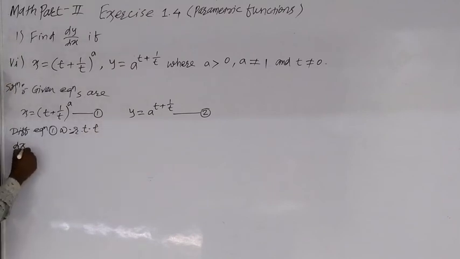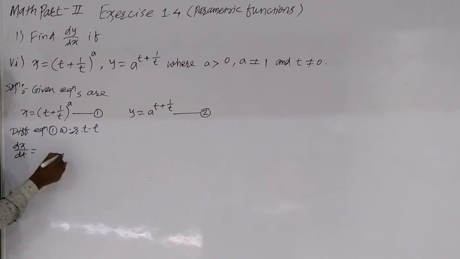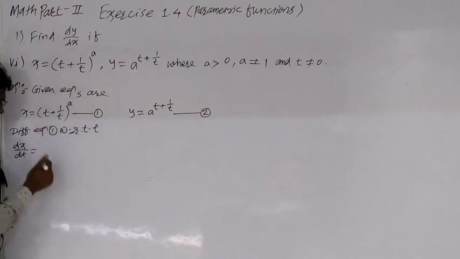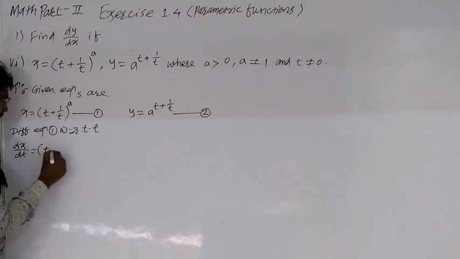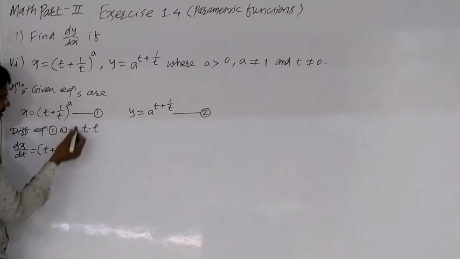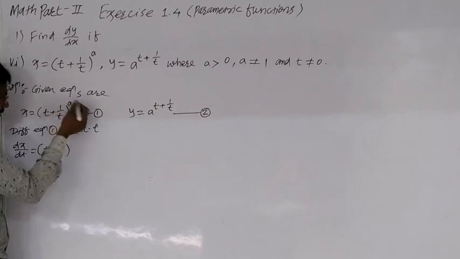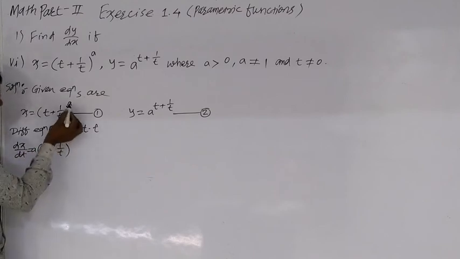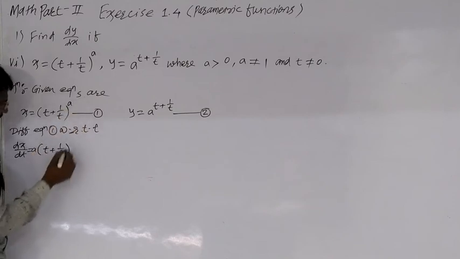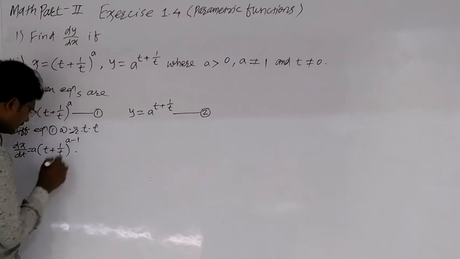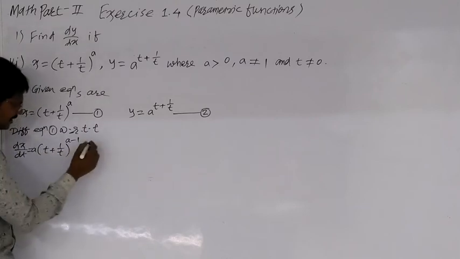We get dx upon dt is equal to, here we use the formula f of x raised to n. So we can write f of x, that is t plus 1 upon t, f of x raised to n minus 1. Here we multiply by a, because n is a, minus 1 into derivative of this t plus 1 upon t.